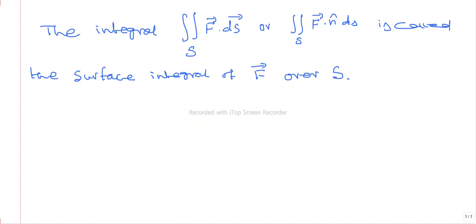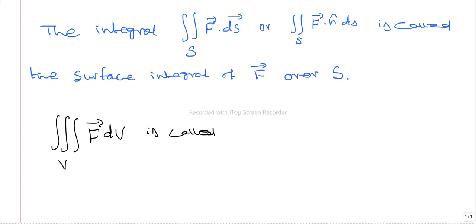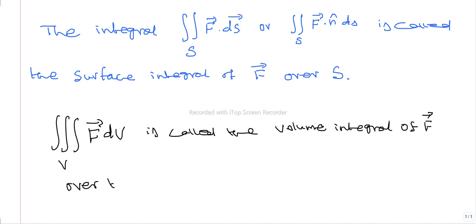So simply we can write triple integral over the volume V. If we take again F as a vector point function, the same thing, then the triple integral over V of F dot dV is called the volume integral of F vector over the volume V.